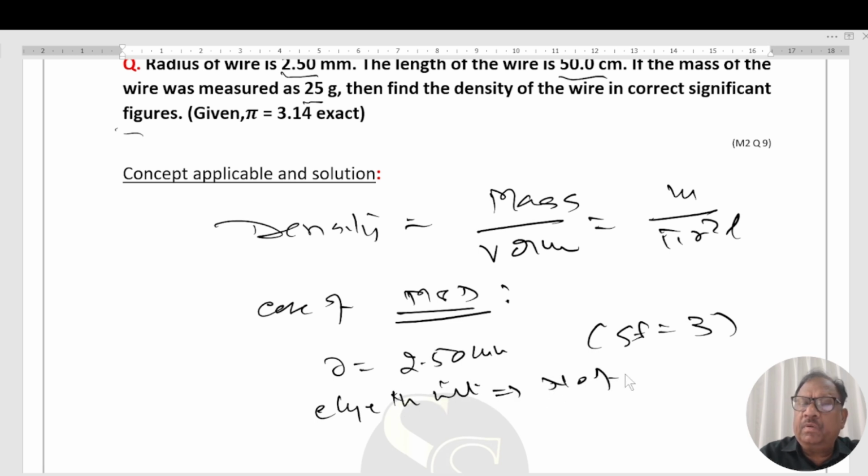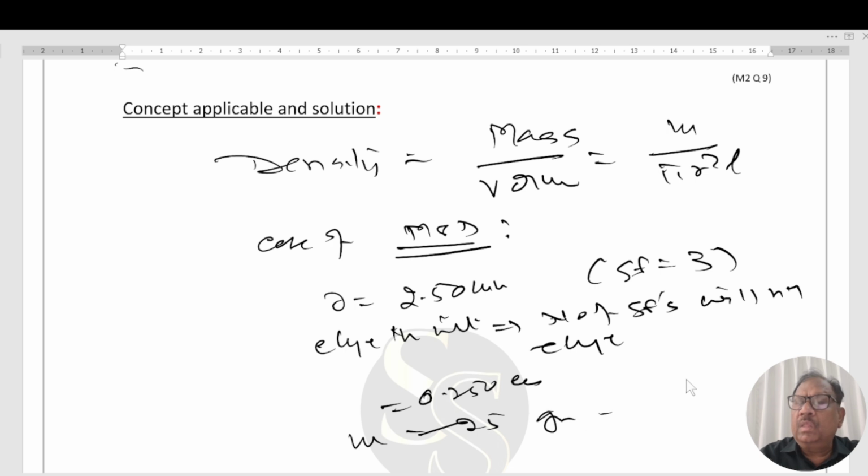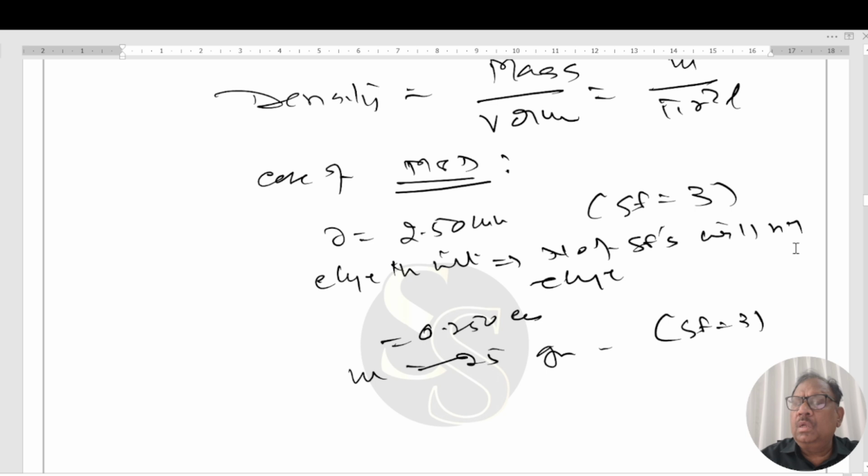Number of significant figures will not change. If it will not change, then that is equal to 0.250 centimeter. Mass 25 gram. That is significant figures 2.